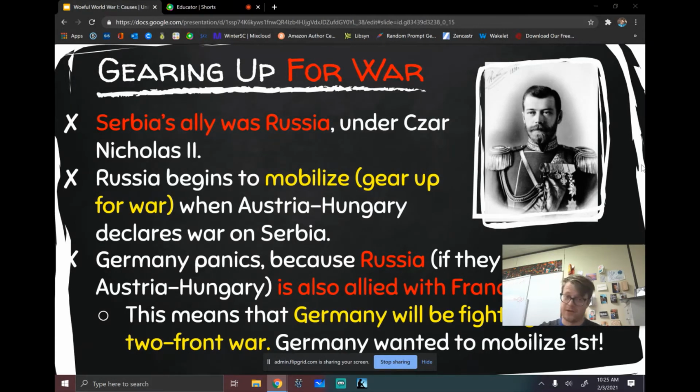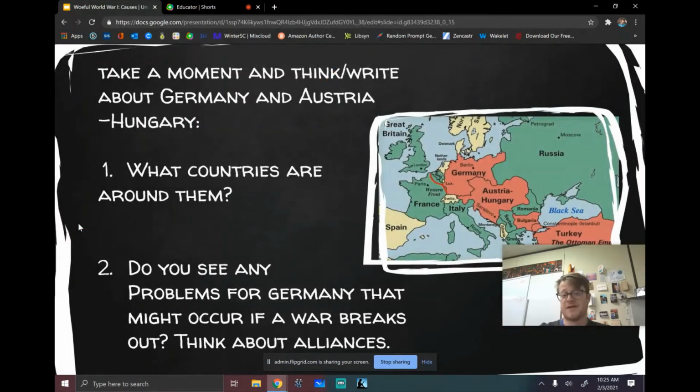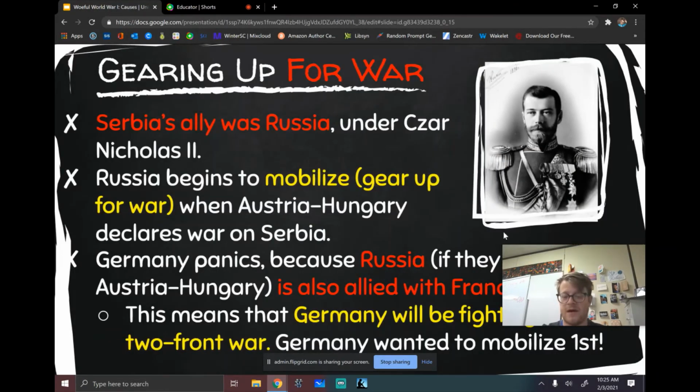I'll go back to the map so you can see it. This is going to cause a problem, because all of a sudden Germany could be fighting a two-front war. And Germany does not want to do that. That was not what they thought they had signed up for.